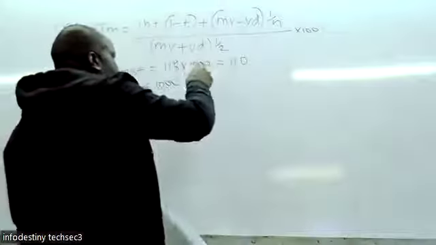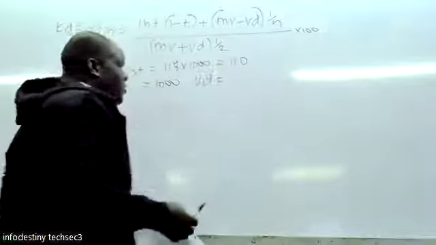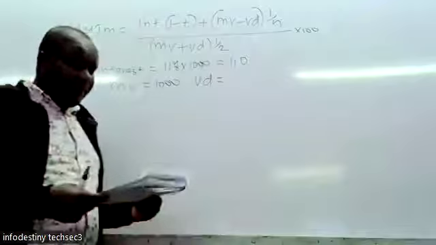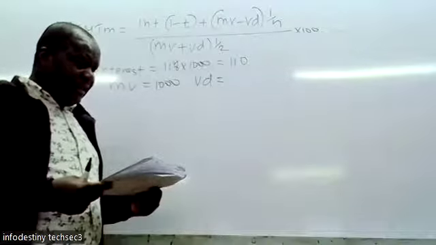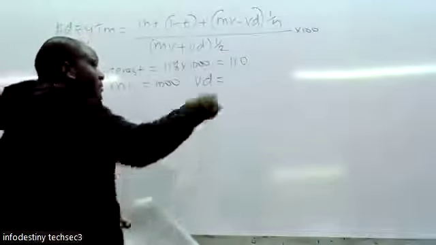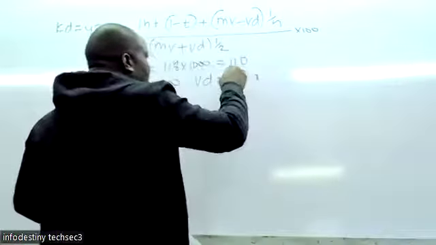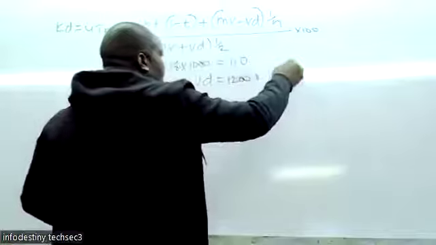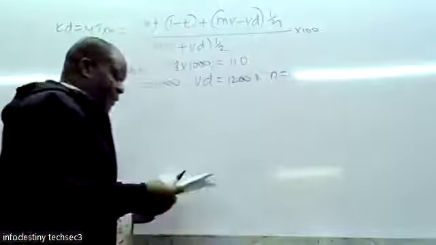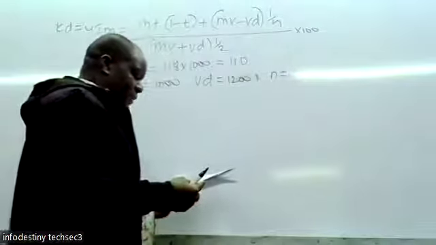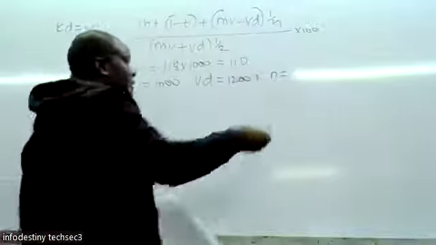Then the current value for the debenture has been given. It is currently selling at 1,200. N was given as 18 years.